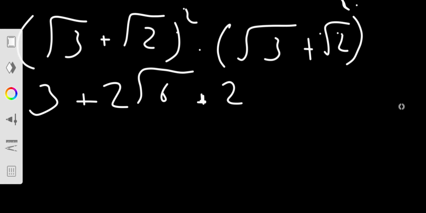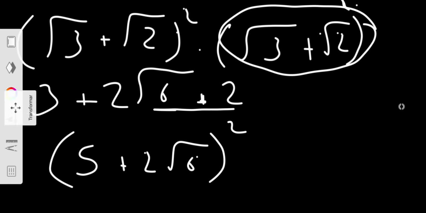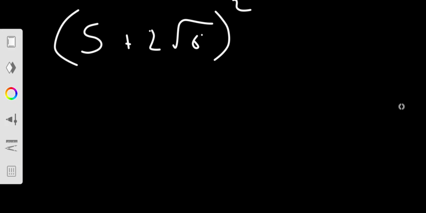So 3 plus 2 is 5, plus 2 is square root of 6. And this part over here, if you open it, it is going to be the same thing as this one, right? So I'm going to say that this is squared, okay? So this one squared. Now what we're going to have? Well, the same rule again. This is why it is helpful for you to remember it.